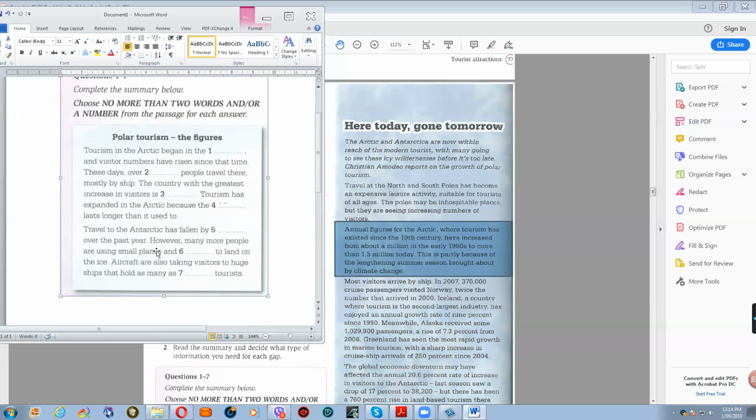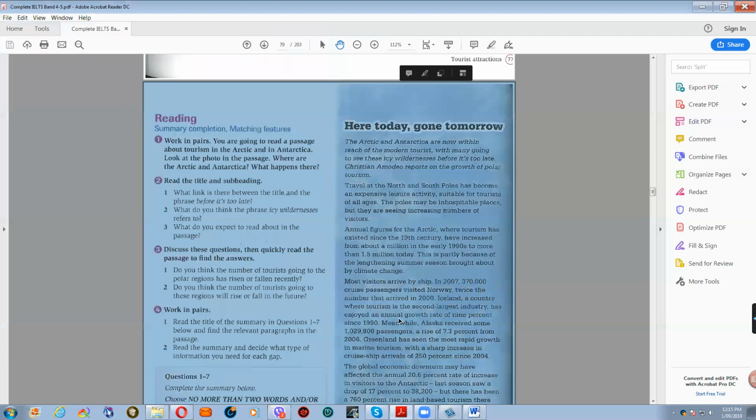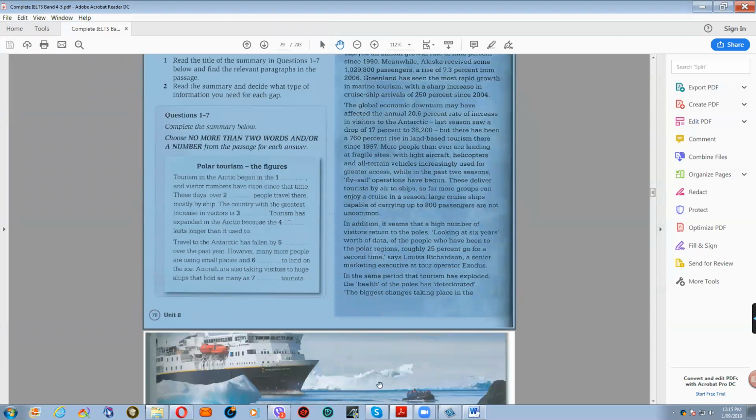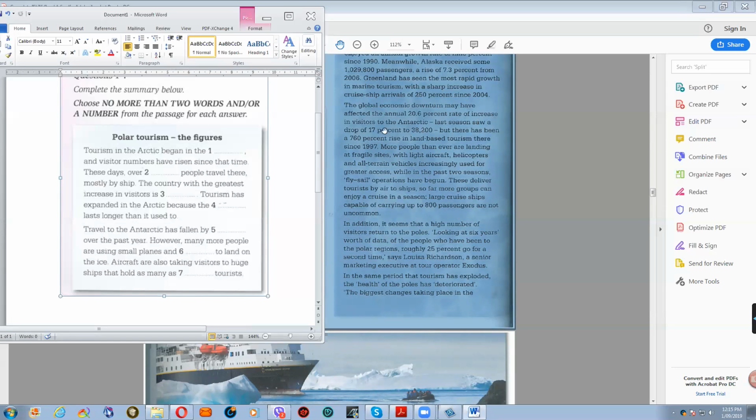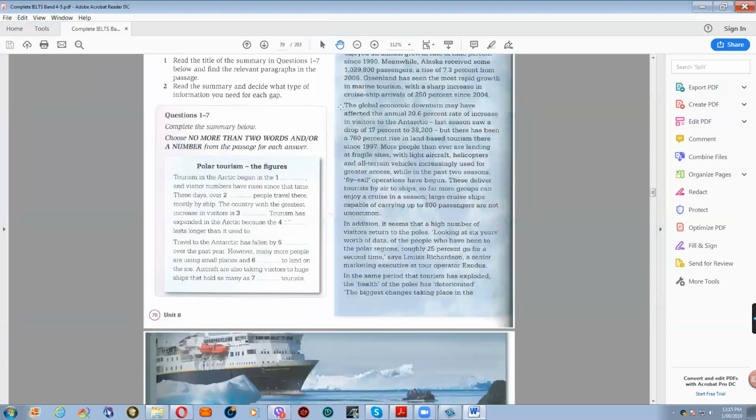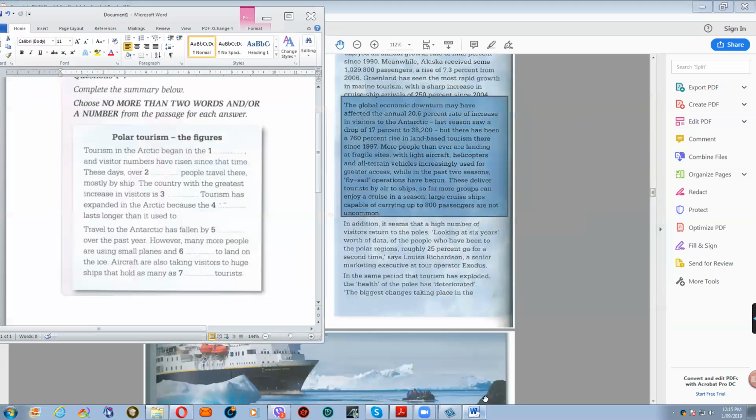Travel to the Antarctic has fallen by what over the past year? Fourth line of the block of text I've got highlighted.